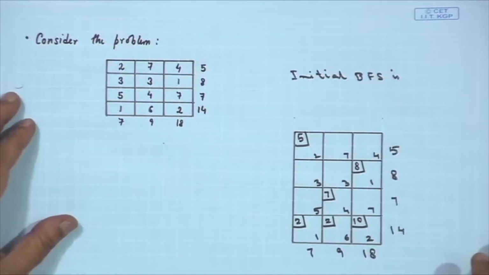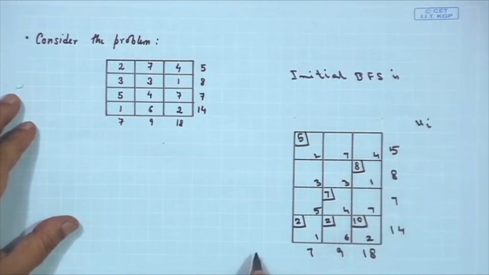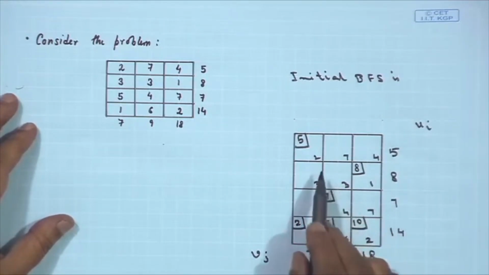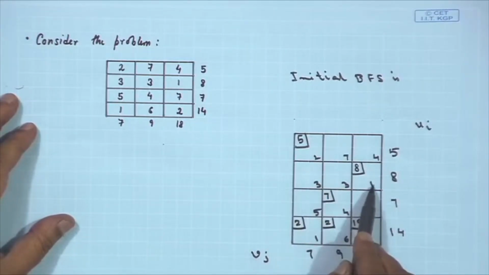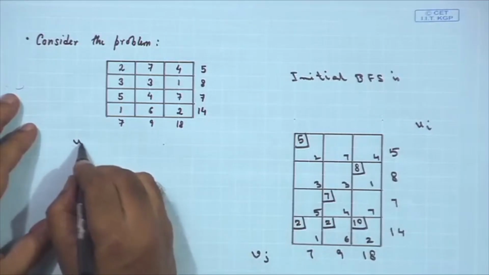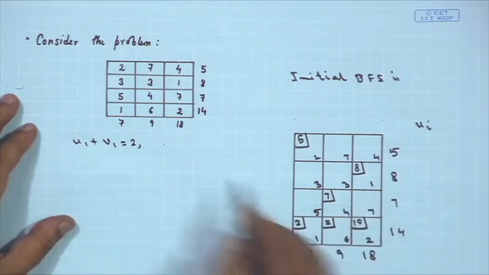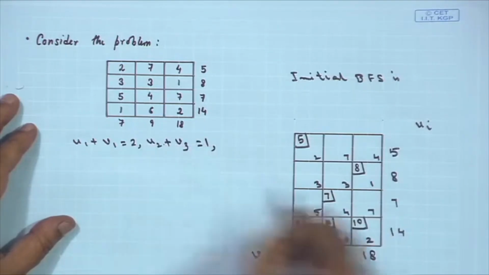Now, from here directly you can calculate ui and Vj. Using u1 plus v1 equals 2, u2 plus v3 equals 1.